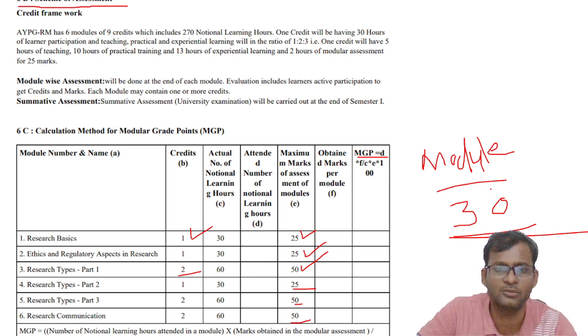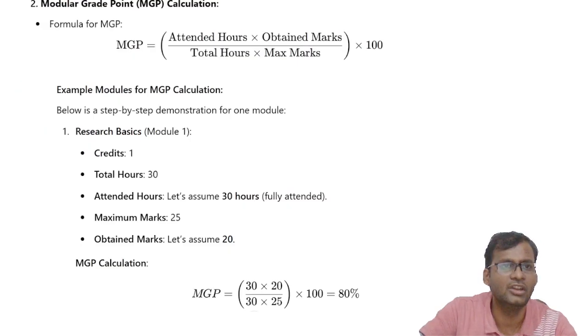After the completion of one module, how to calculate the modular grade points? Here they have given the formula. We will see it in the next slide in a simpler version. So the modular grade point calculation formula uses attended hours, obtained marks, total hours, and maximum marks.